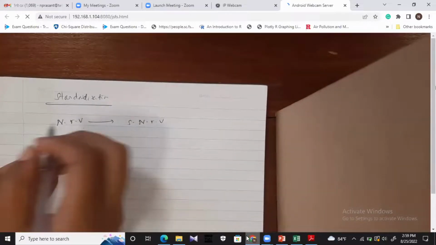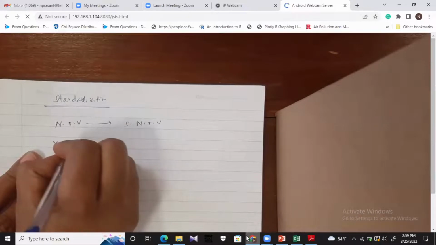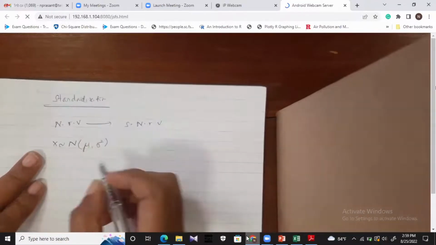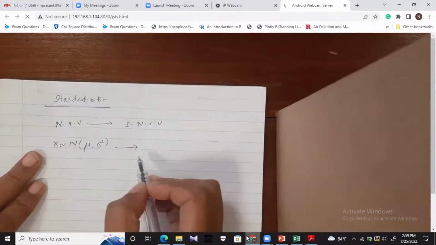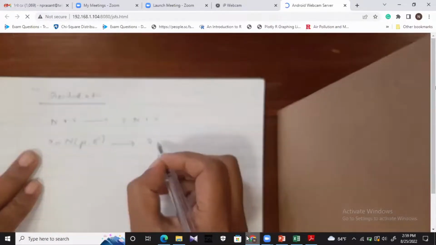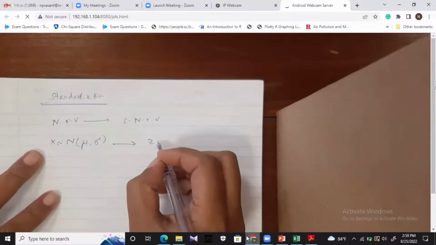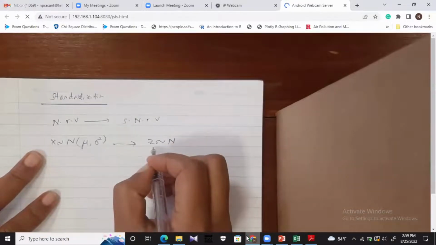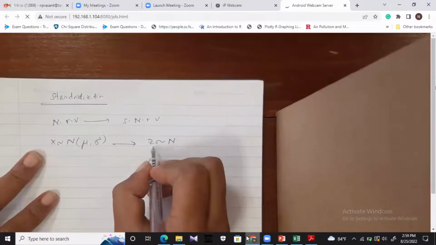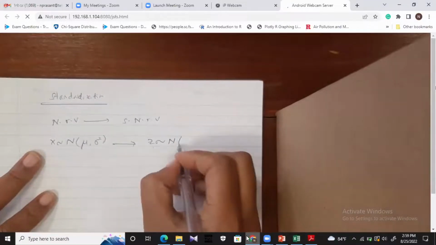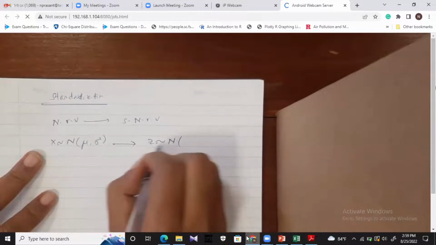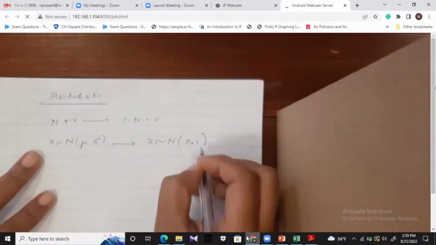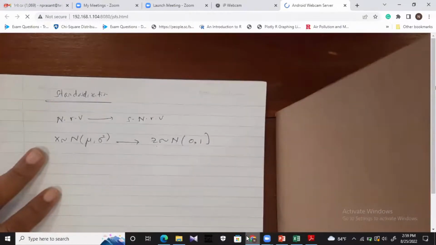That means any normal random variable with mean mu and variance sigma square is converted to a special type of normal distribution, that is the standard normal distribution, a standard normal random variable, which is normally distributed with mean 0 and variance 1. This is how we convert it.